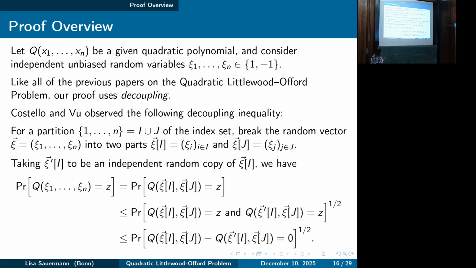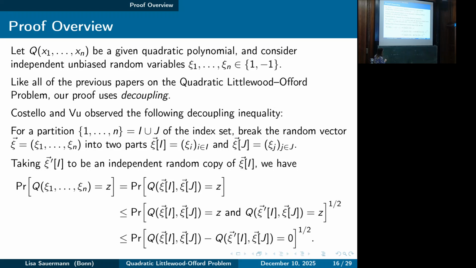The probability that our polynomial takes the value z is of course the same as the probability, we just change the notation here, that the polynomial, if we evaluate at the I vector and the j vector, takes value z. So that's just a notation change from here to here, nothing happened. But now something happens.